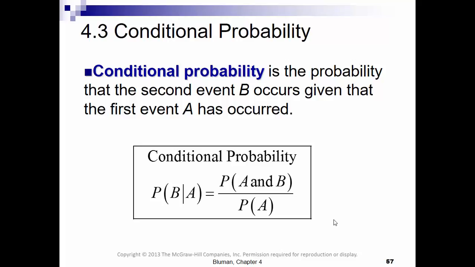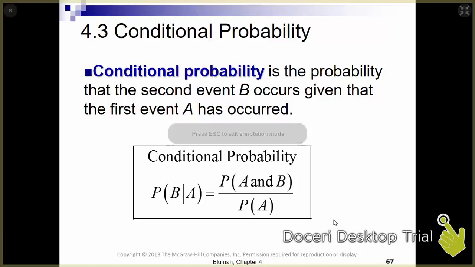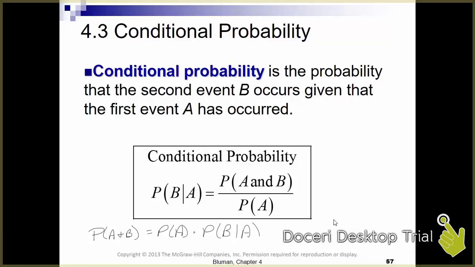Now, if you rearrange your original formula, let's see if I can write on this and it'll show up. My original formula was P(A and B) equals the probability of A times the probability of B given that A has already occurred.